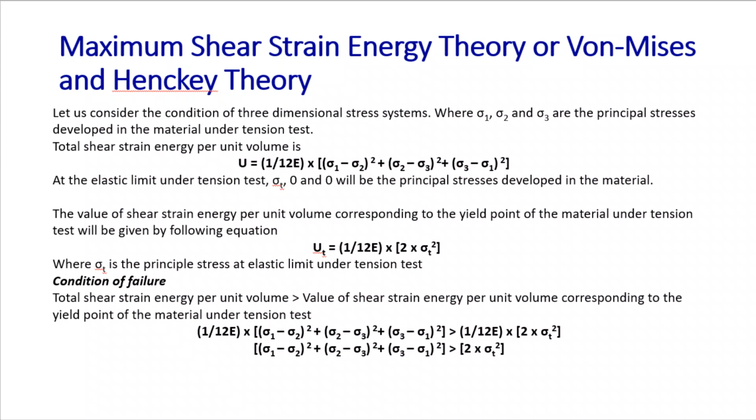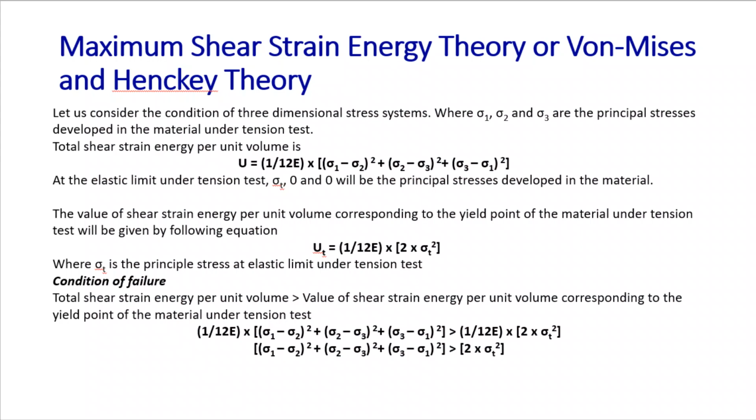The shear strain energy per unit volume is U equals 1 by 12E into sigma 1 minus sigma 2 whole square plus sigma 2 minus sigma 3 whole square plus sigma 3 minus sigma 1 whole square. At elastic limit under tension test, sigma t is the principal stress developed in the material.